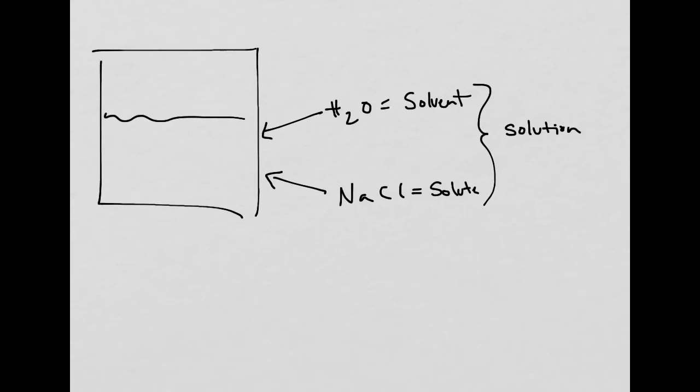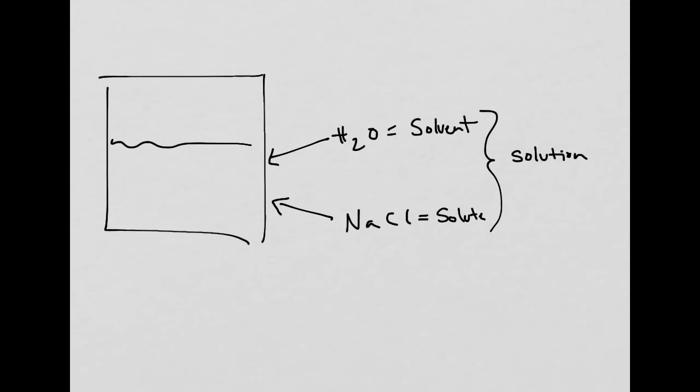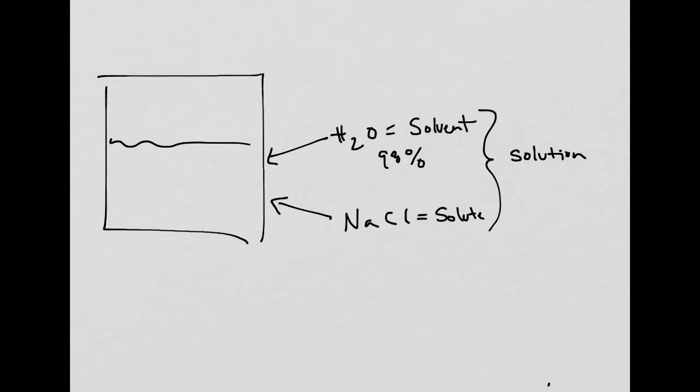So let's say I have a solution that's composed of 98% water and 2% salt. Now I'm going to add a cell in the center of my beaker, and this cell has a selectively permeable membrane that is going to allow water to pass through it, but it's not going to allow salt to pass through.